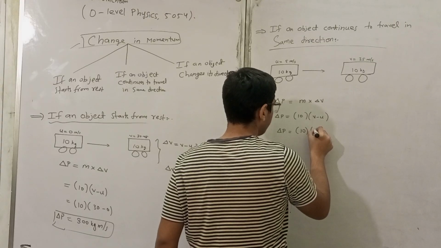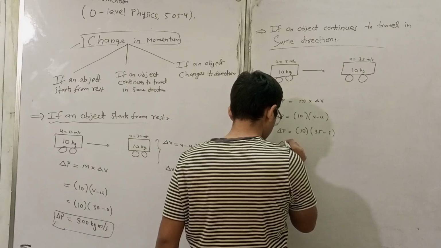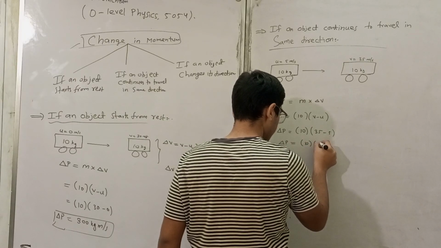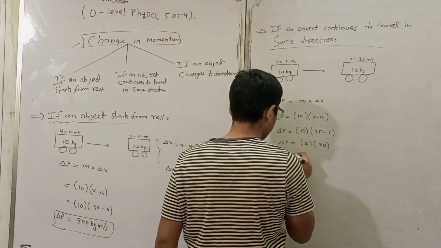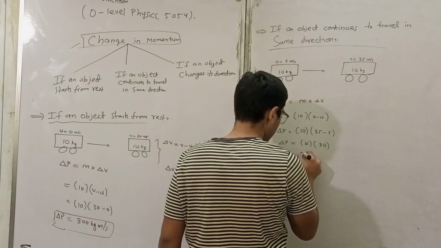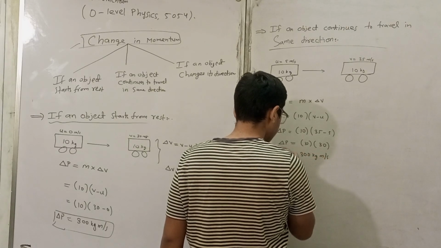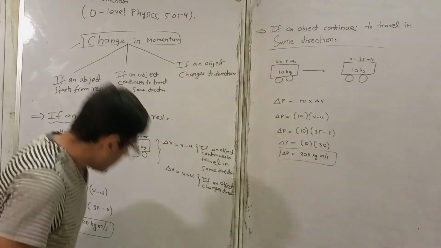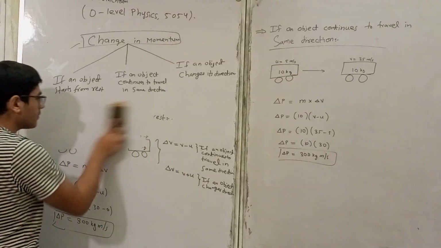V minus u is 35 minus 5. 300 kg meter per second. So now let's move towards scenario number 3.